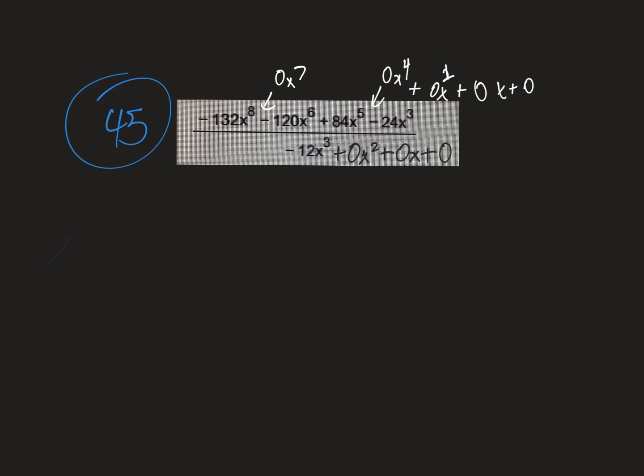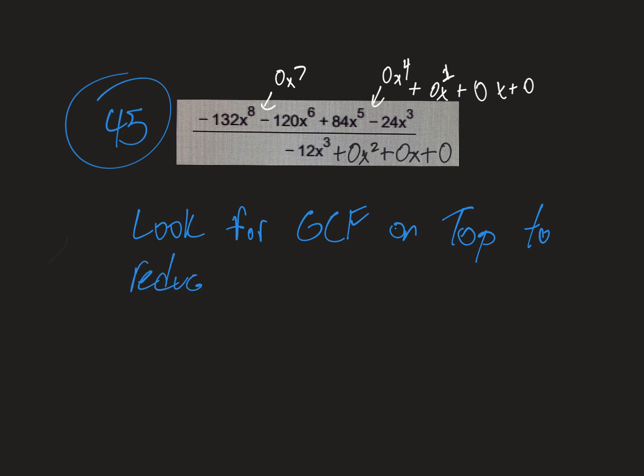So what I'm going to tell you is look for a GCF on the top and see if you can reduce this fraction, right? So you can absolutely do it using division. You could also do it by just reducing the fraction, which will probably make a lot less work for you. So that was just kind of a hint for you guys on number 45. Don't think that you have to do long division on that one.